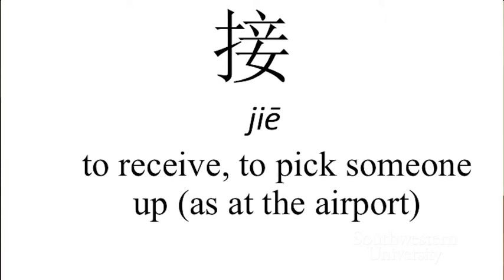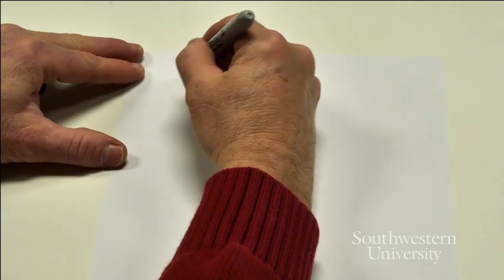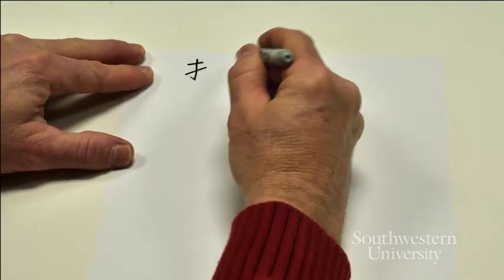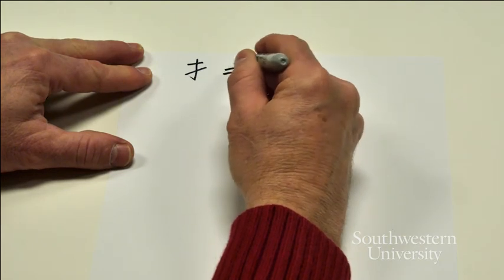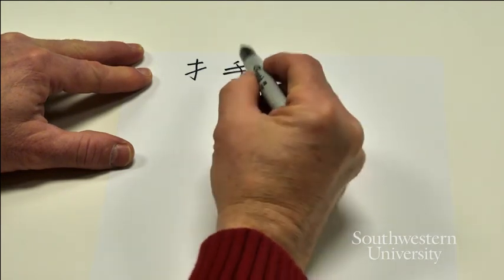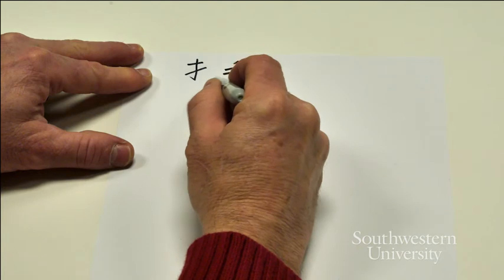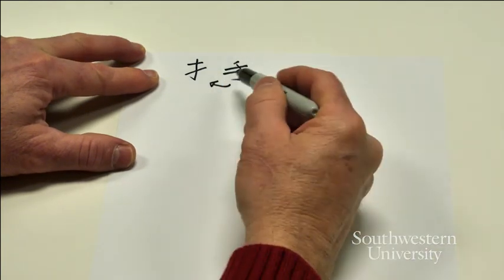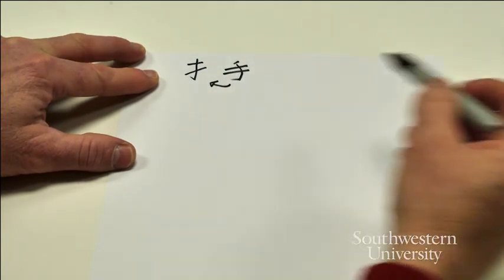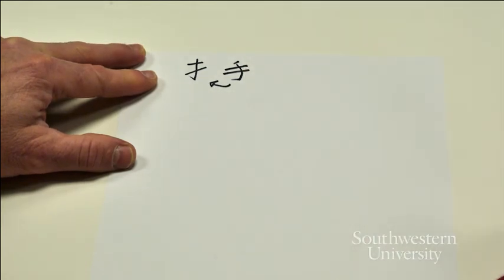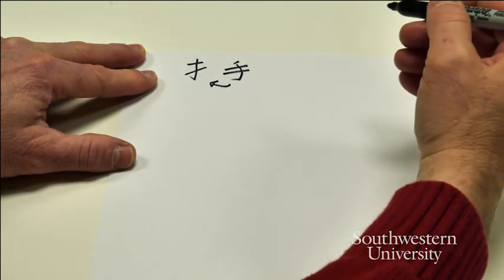Jiē. Here again we have the tíshǒupáng, or the hand radical, shǒu, written as a radical. It's compressed like that. Tí means to raise up, so the raised up hand to the side.